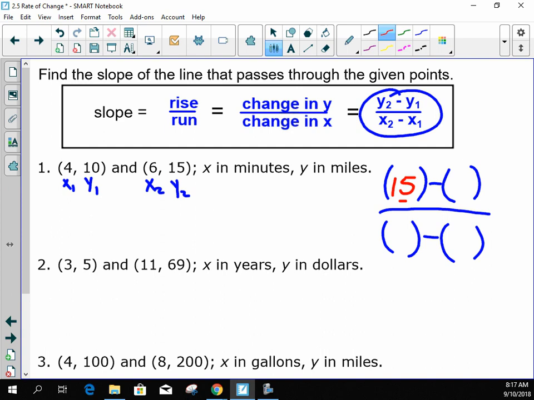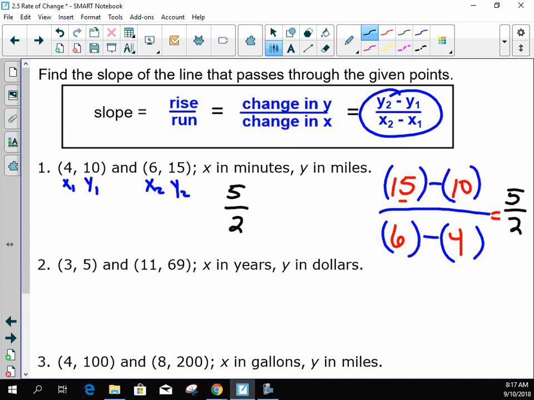What value goes right here? You identify them x2 and x1 so you can fill them in. Now I put in y2, which is 6, y1, which is 4. Now I put that in my calculator, and I come up with 5/2. So what's my rate of change? 5/2.